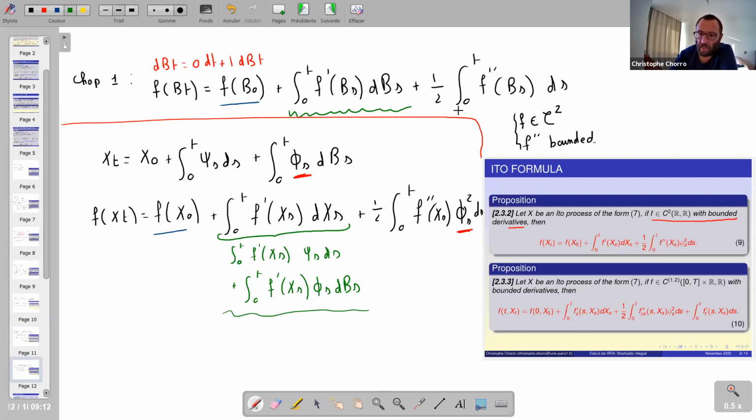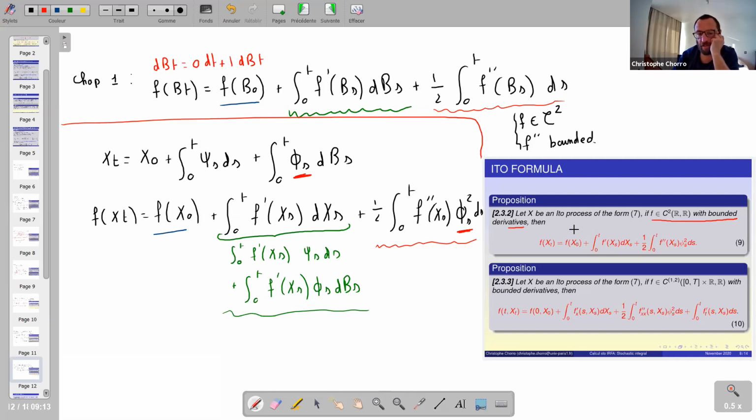And then this other term: for the Brownian motion, phi in the Ito decomposition is equal to 1, so phi square is equal to 1. That's why I have this quantity in the case of the Brownian motion. So you really have an extension of the Ito formula for the Brownian motion to more general Ito processes.